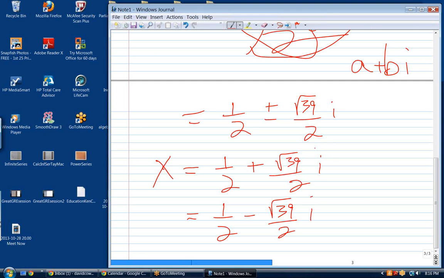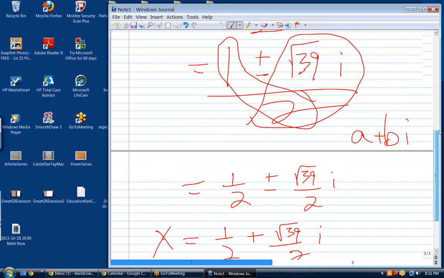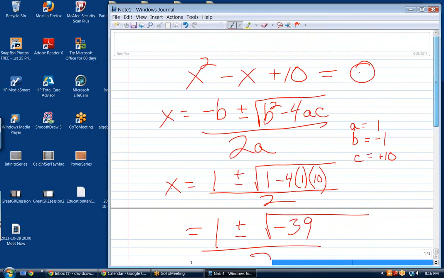In other words, I have two solutions, but they're both complex. They both involve imaginary numbers, which means there are no real solutions to this equation. There are no positive or negative real values for x that make this true.